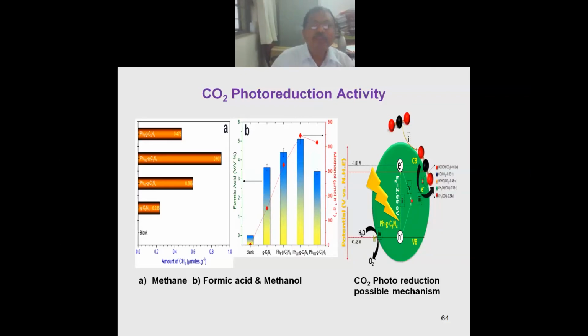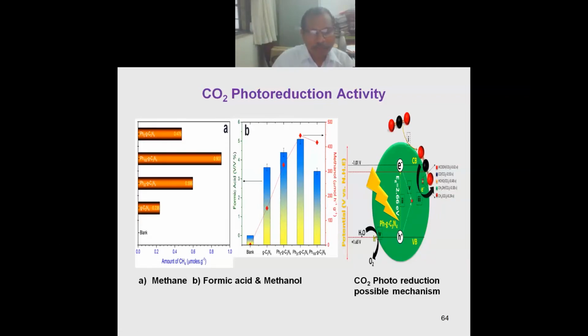On irradiation with visible light, it generates an electron and hole, the electron in the conduction band and the hole in the valence band, and the surface adsorbs CO2, which reacts with the electron.